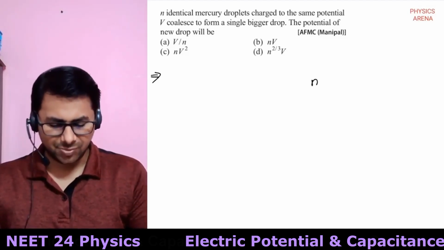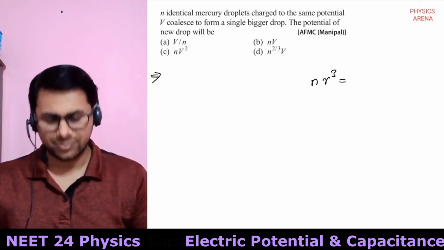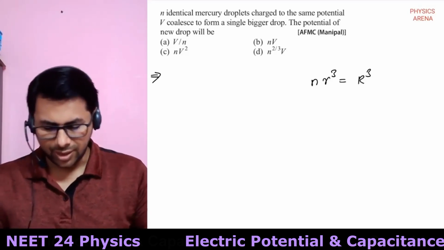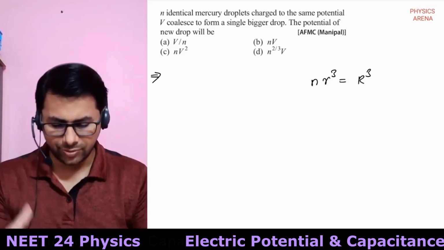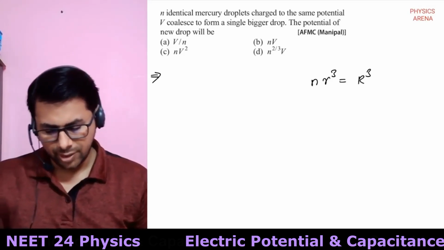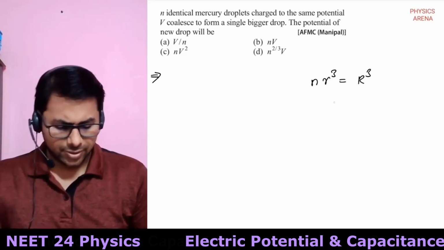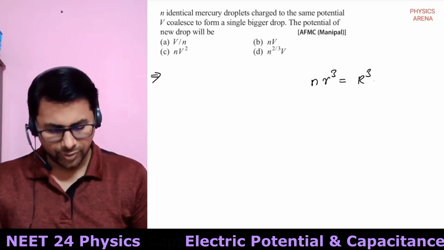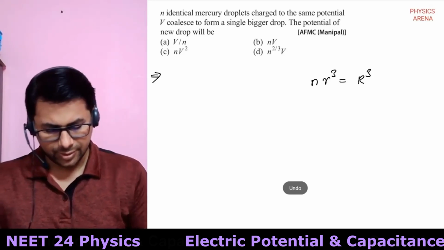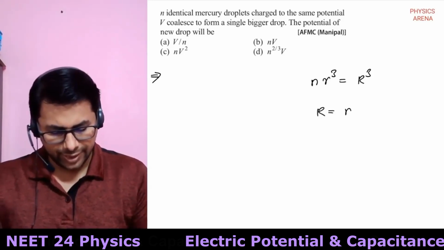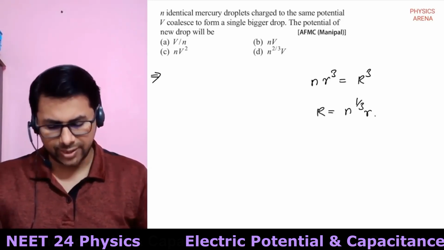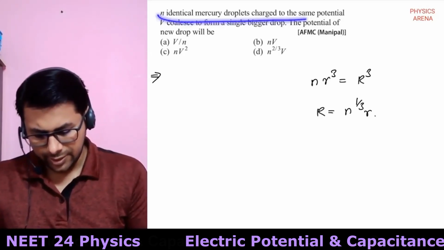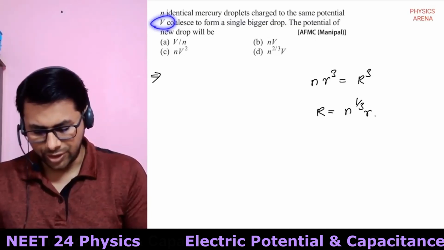So n times small r cube will be equal to capital R cube. So here they are combining, coalescing to form a big drop, right? So what will be this R? R is equal to n raised to 1 by 3 of small r, okay? And now they are charged to the same potential V.